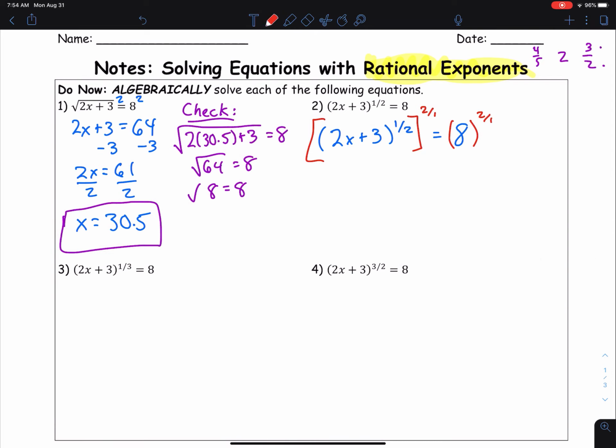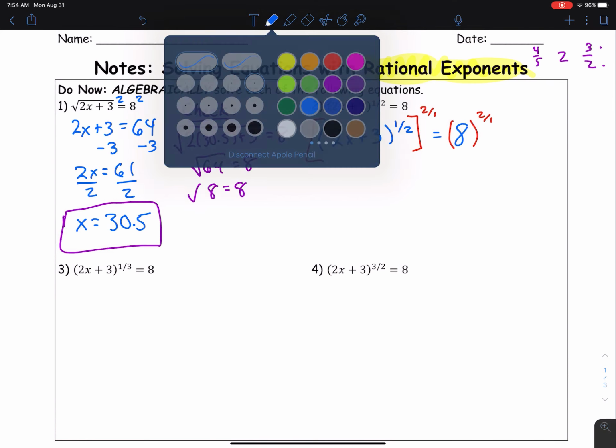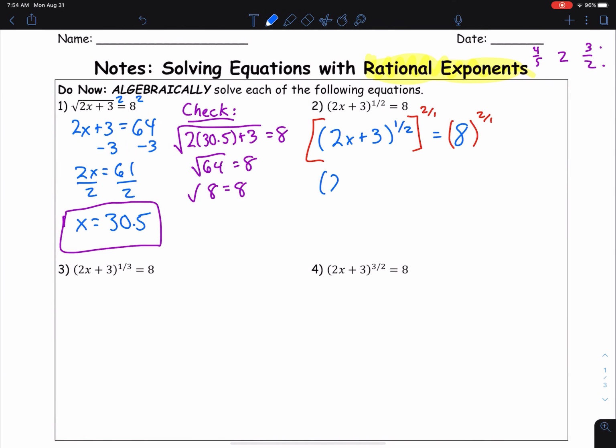So when I do that, what happens is we are left with 2x plus 3, and then power to a power, we have the 1/2 to the 2, or 2 over 1. You multiply the exponent, so 1/2 times 2 is just 1, equals 8 to the second power.